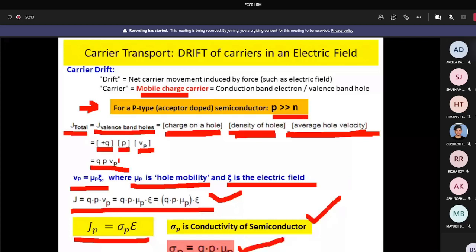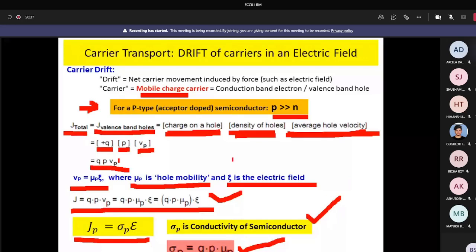It contains the Coulombic charge Q, the hole concentration, and the mobility of holes. So sigma p is equal to QP mu p. This is the conductivity of the p-type semiconductor as we have considered here.